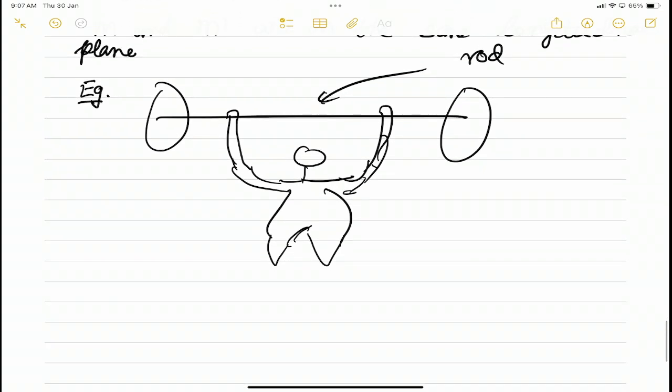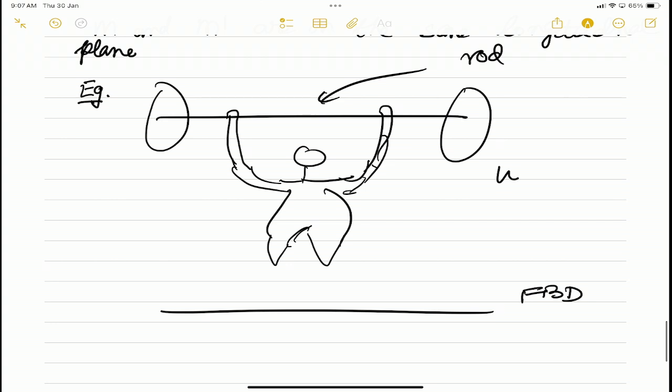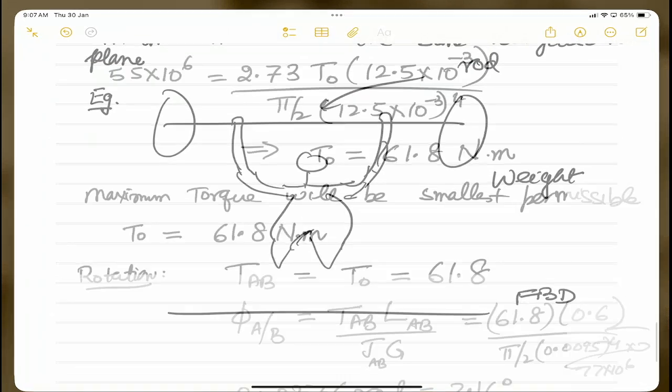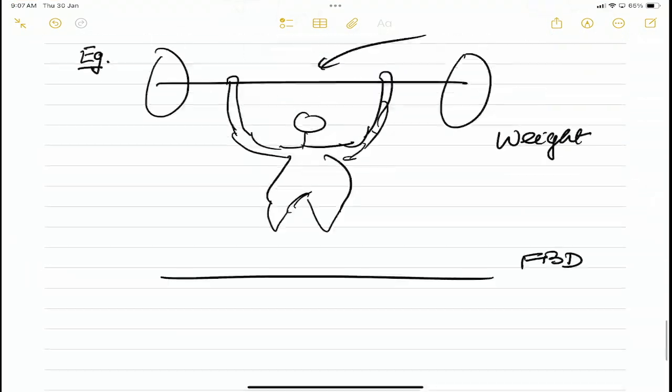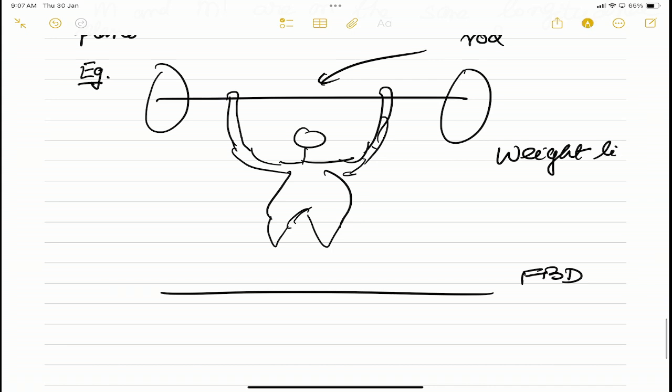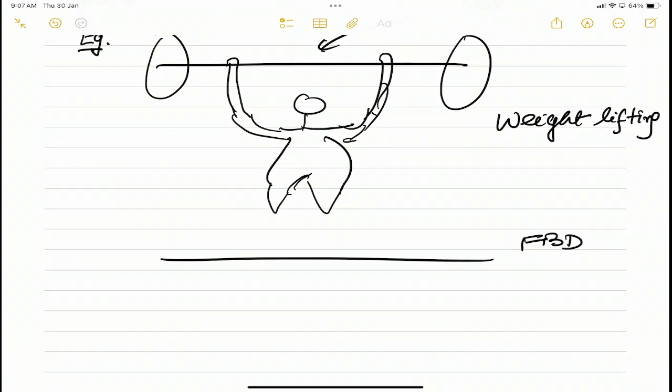if I draw a free body diagram, I was told this works. Weightlifting, and if I draw a free body diagram, these weights, in weightlifting the weights are symmetric.